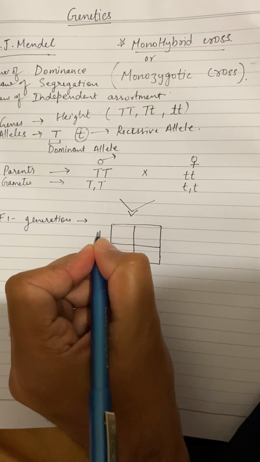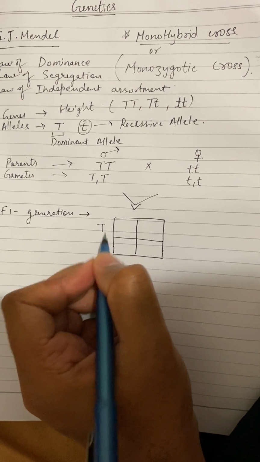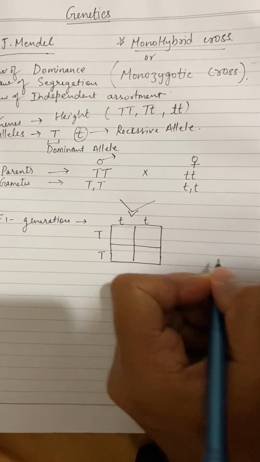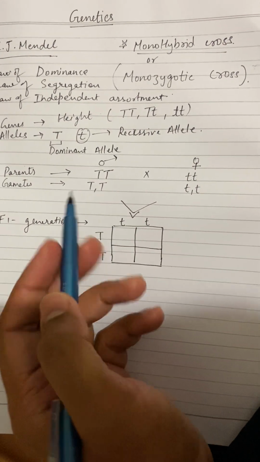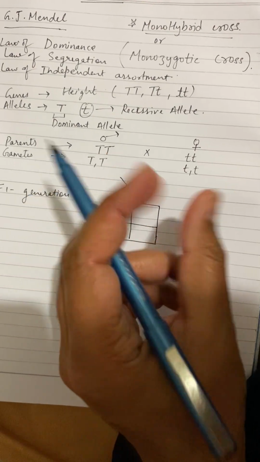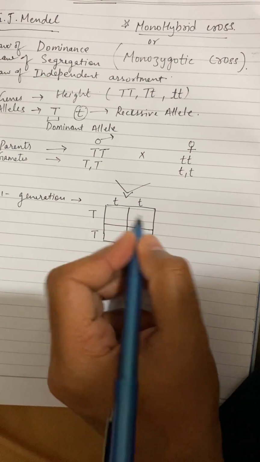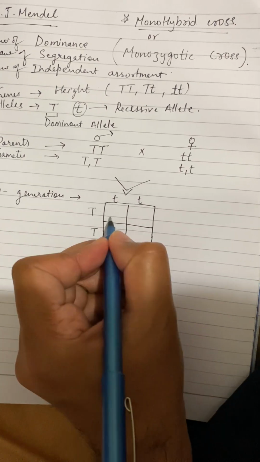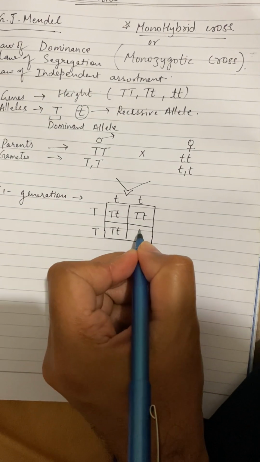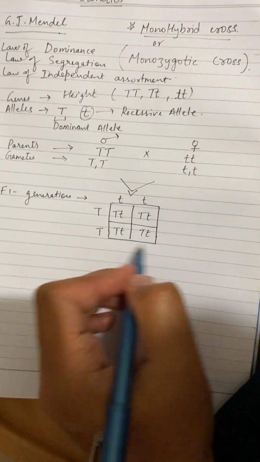I'm taking the male gametes this side and the female gametes this side. Because gametes fuse together, male and female gametes will fuse and form zygotes. Four progenies will be formed in the F1 generation, and all will be capital T small t.